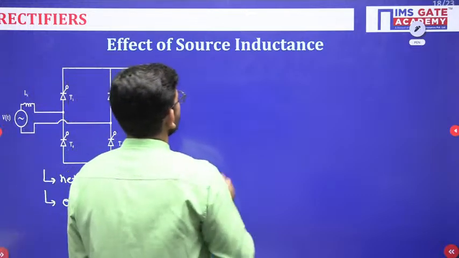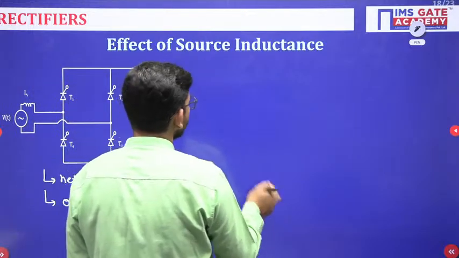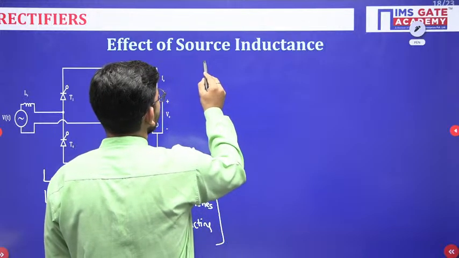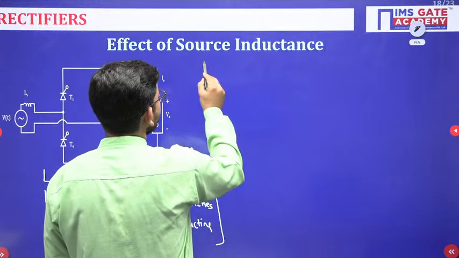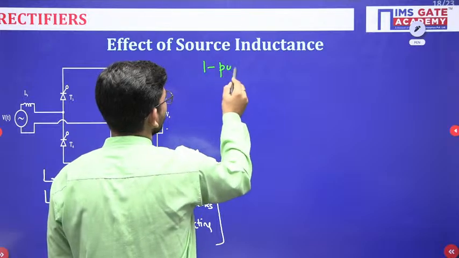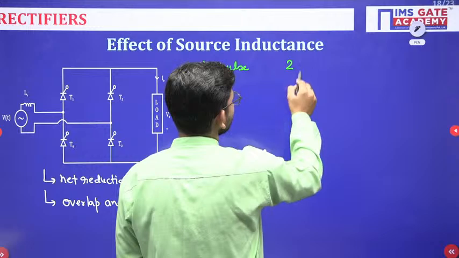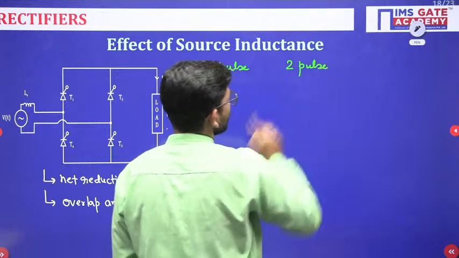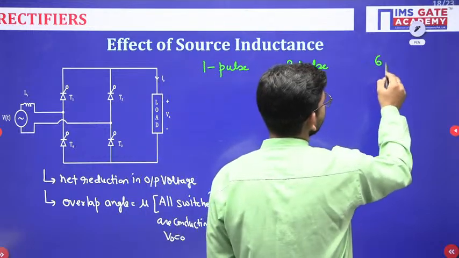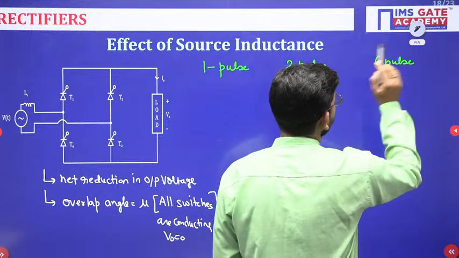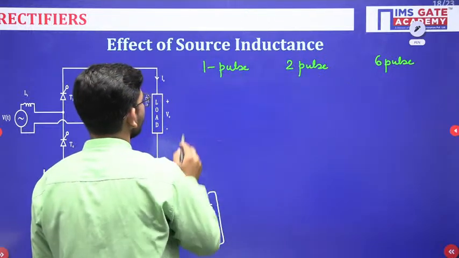Okay, so if we talk about different converters, for example, if suppose we have single pulse converter, or 2 pulse converter, or 6 pulse converter, then what will happen?